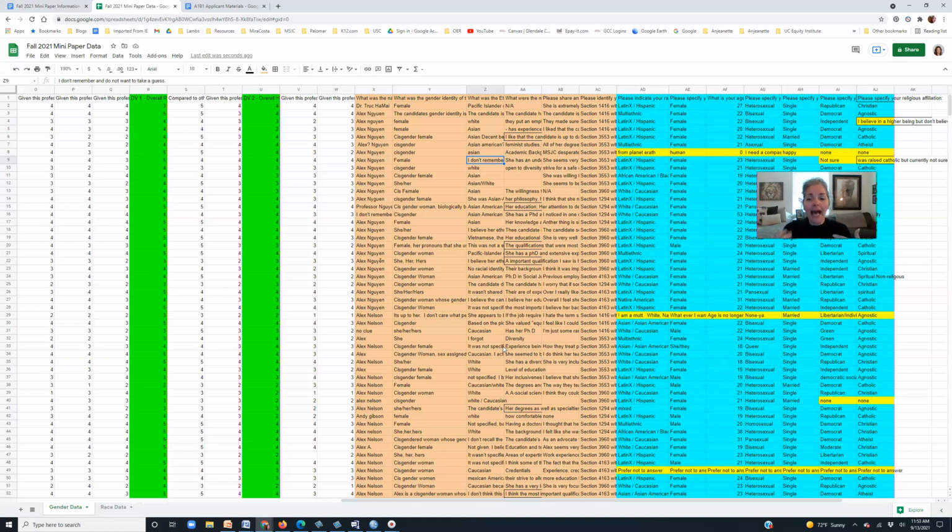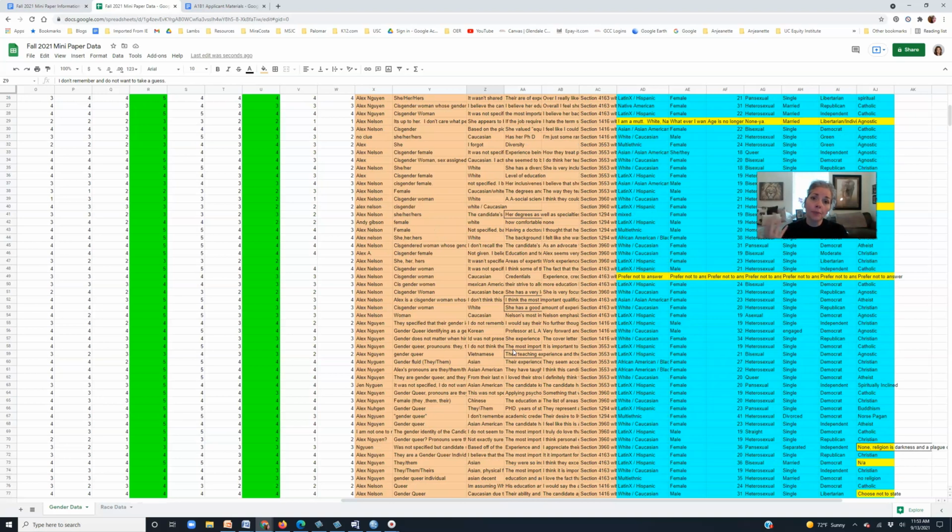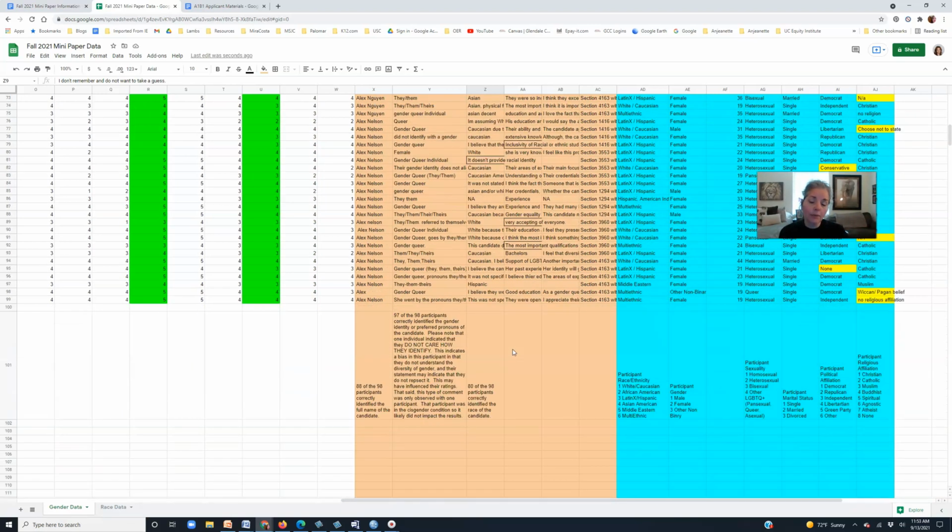We're not able to accurately draw conclusions about differences between the two different candidates with differing races because our participants never even picked up the race of the candidate. So we want a large percentage of our participants. We would expect that not all pick it up, but we would expect that a large percentage do.